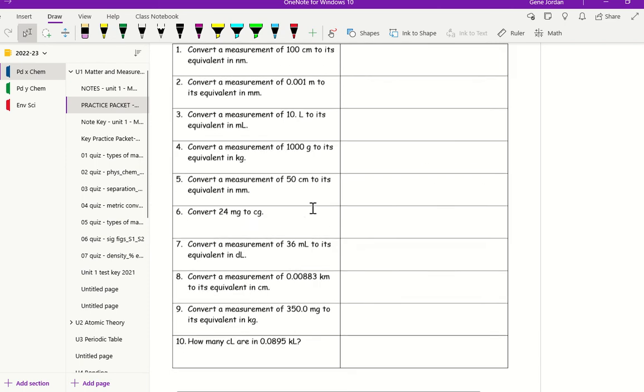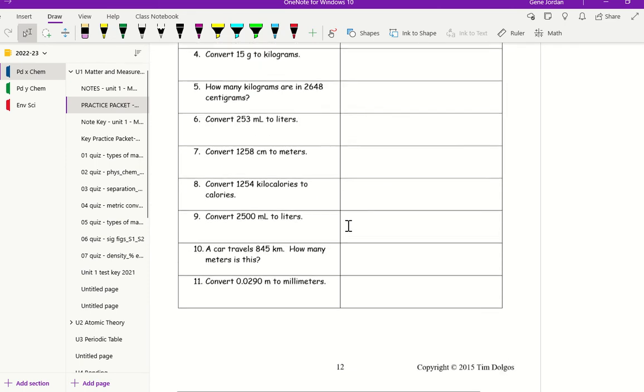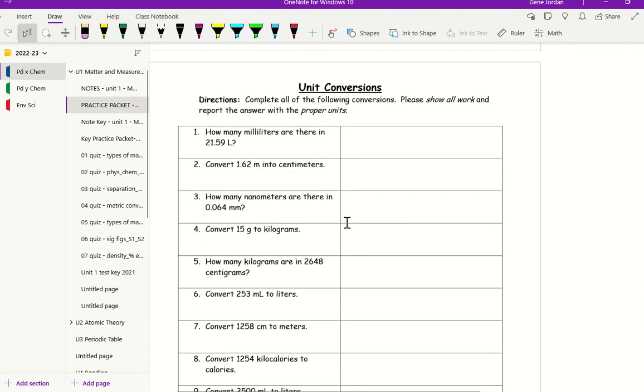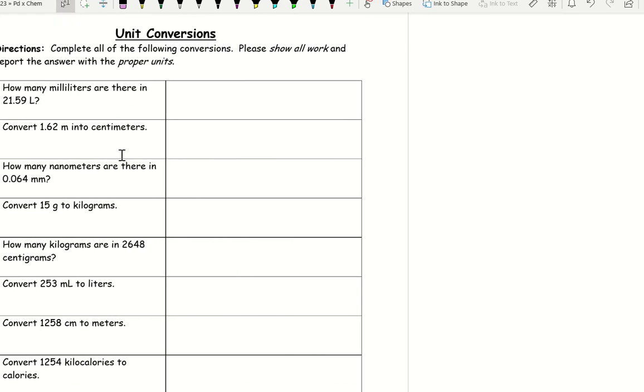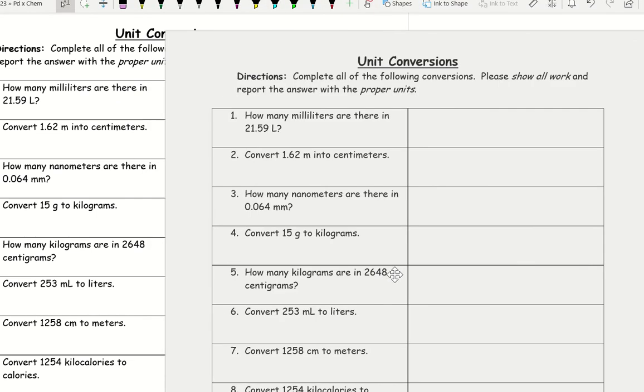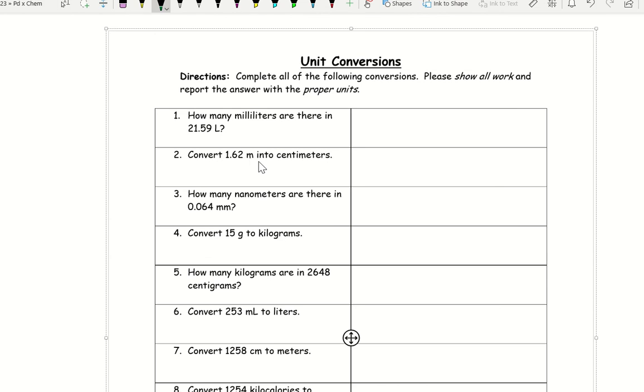Unit conversions you've already done. Let's try one of these. How many milliliters are there in 21.5 liters?